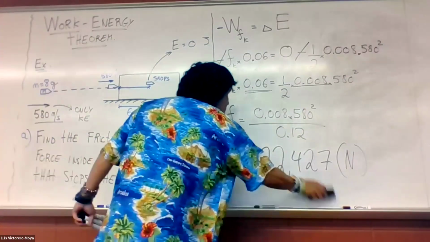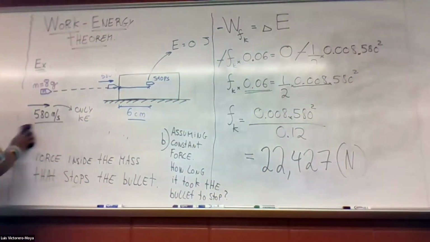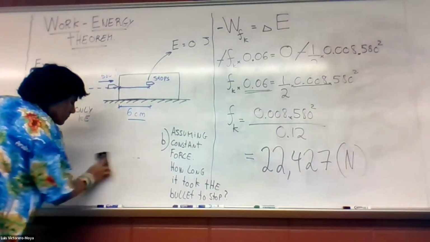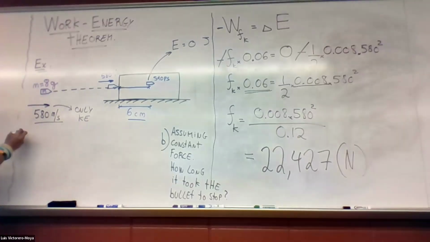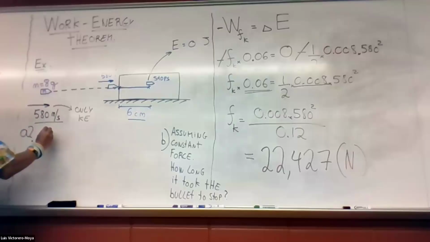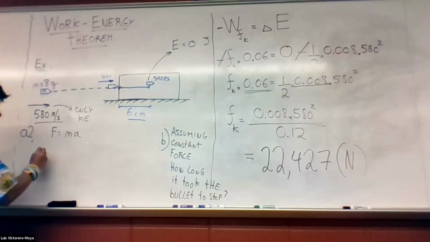So we're ready. That's part B. How will you find the acceleration? We find the net force and divide it by the mass. Yeah, so force equals mass times acceleration. The force is that, no, it's the negative force.